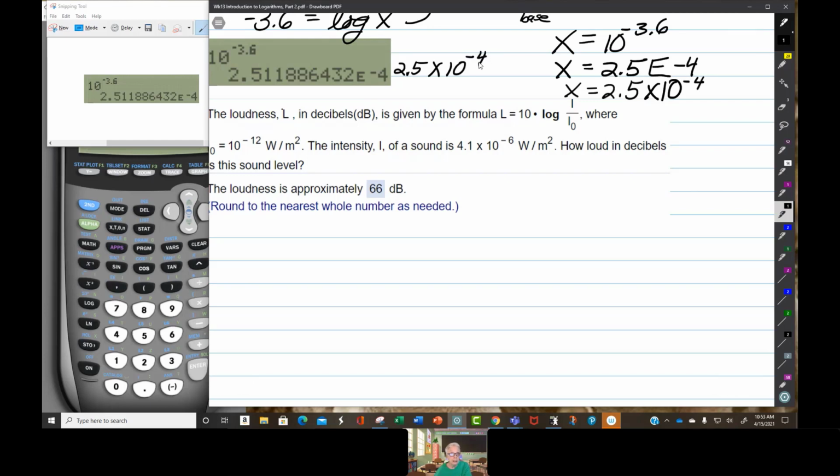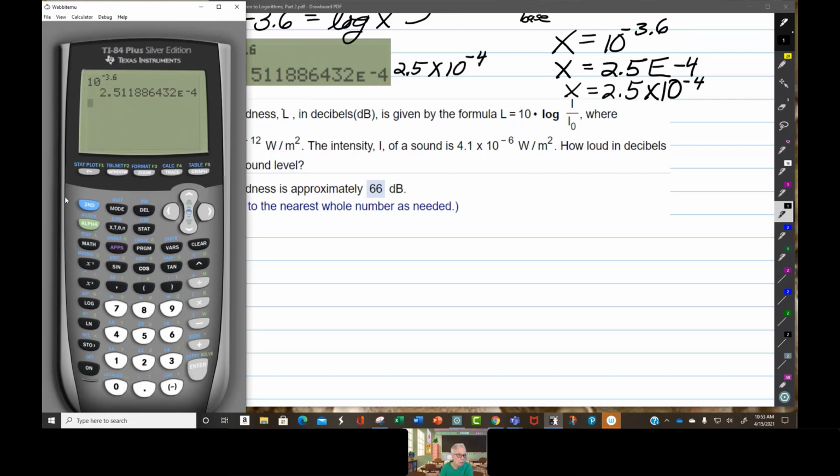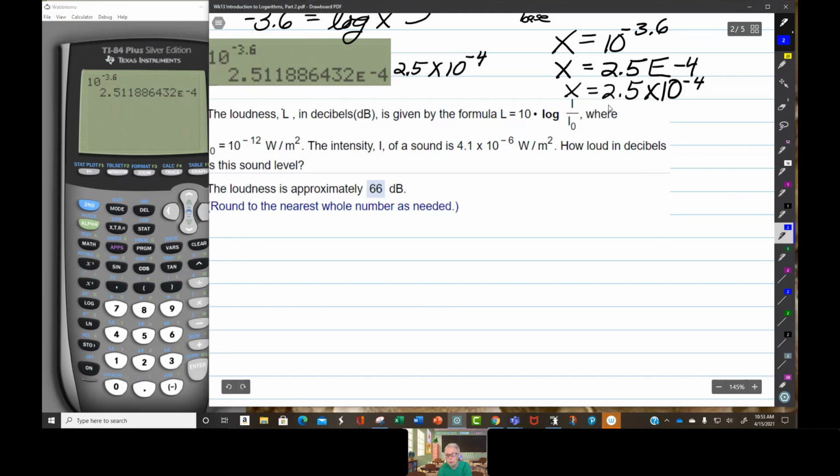And that's the translation of scientific notation. Okay, so that's what you get. That's your answer. Let me put a blue box around it.